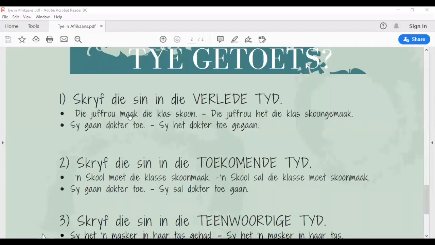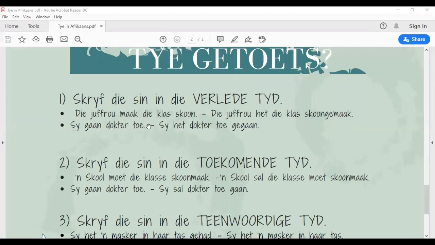We can put it in different places in the sentence, but you can also put them together to make a verb. So skoonmaak. Jy moet die klas skoonmaak. That is a verb. Juffrou maak die klas skoon. Dit is 'n deeltjie werkwoord. So that is why we put them together. And that is just a little bit of interesting information why it is one word.